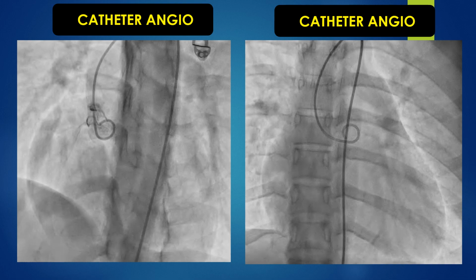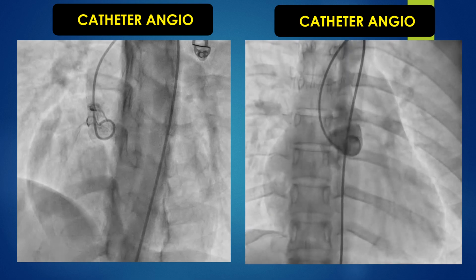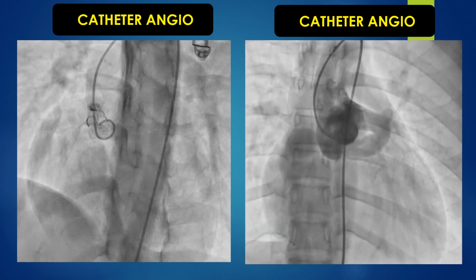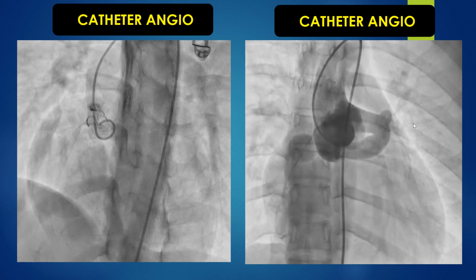This again in the AP view, you can see that the patient has a dilated left coronary which enters into the right atrium.